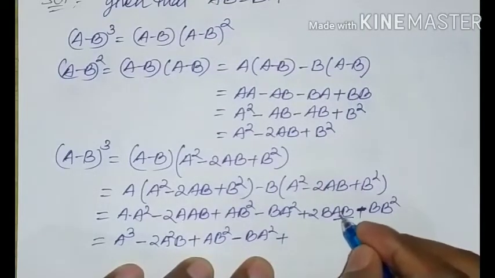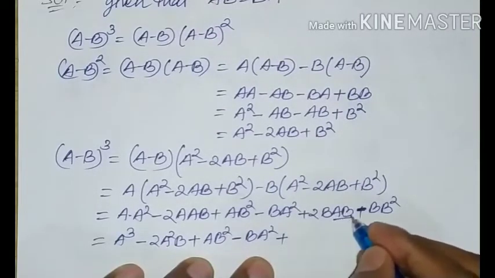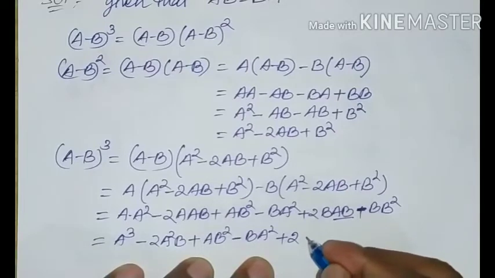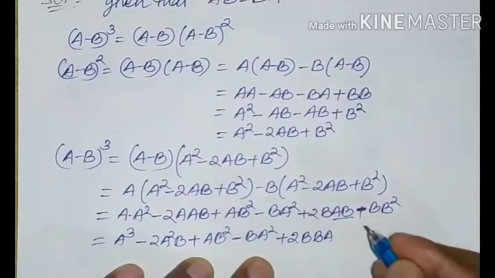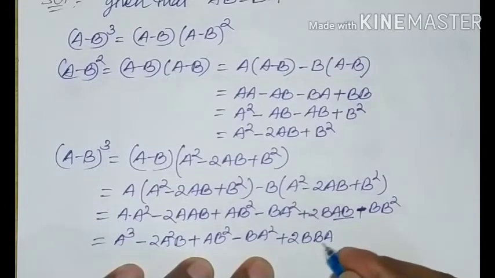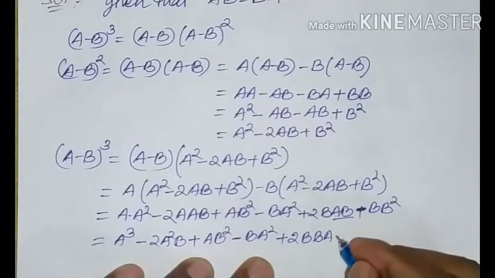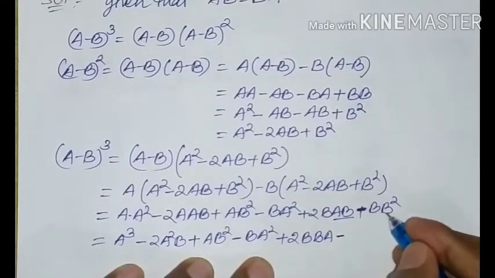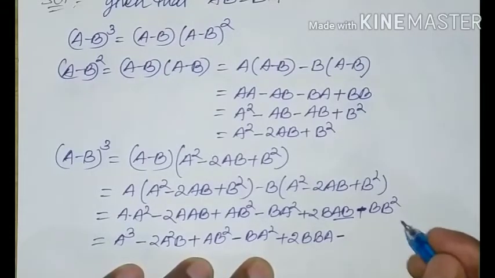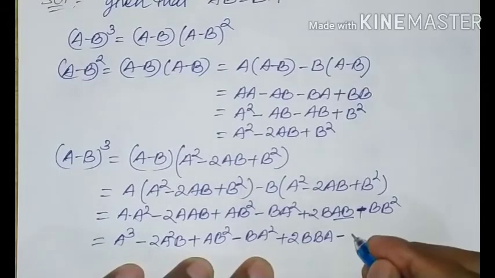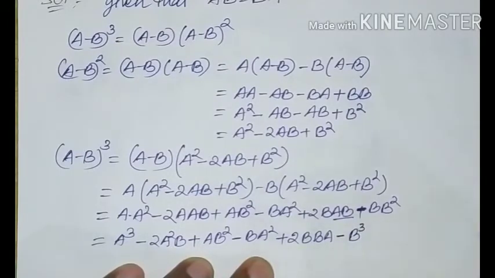And plus this is 2 times BAB. Since AB equals BA, I'm going to write here, in place of AB, BA. Then it will be 2 times B, BA. Because AB equals BA, I can write it. Minus, B is a square matrix, B square is also a square matrix, then the product will be a square matrix, that's why we can write it B cube.